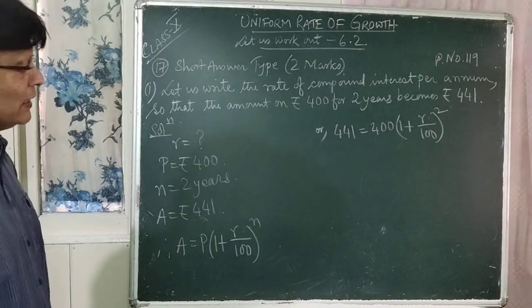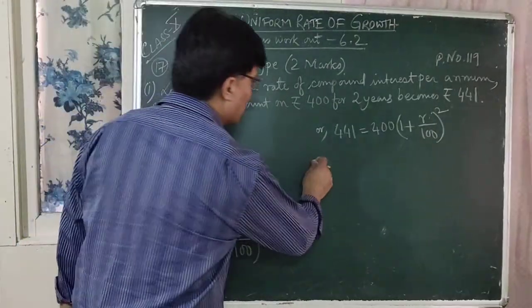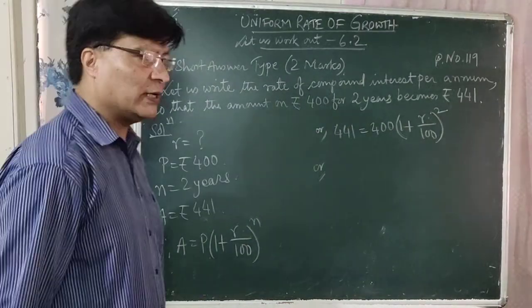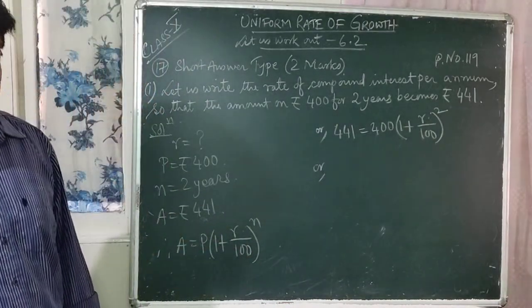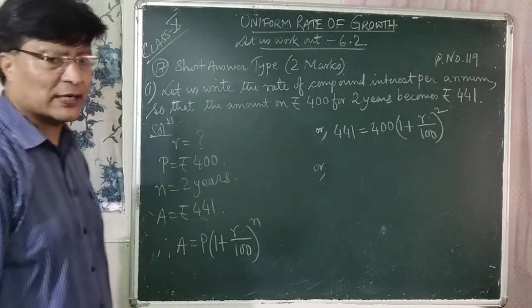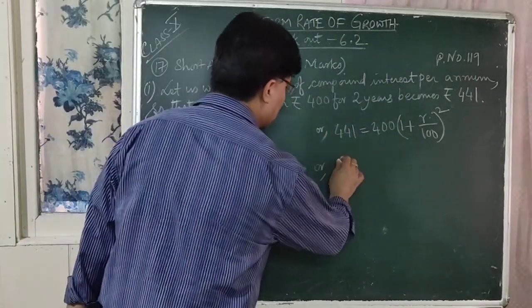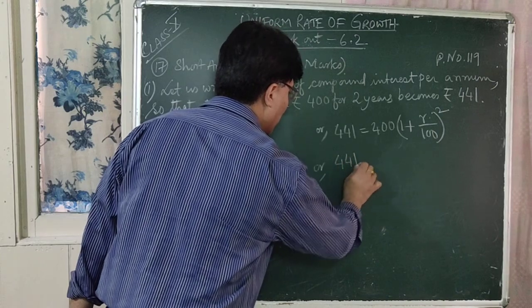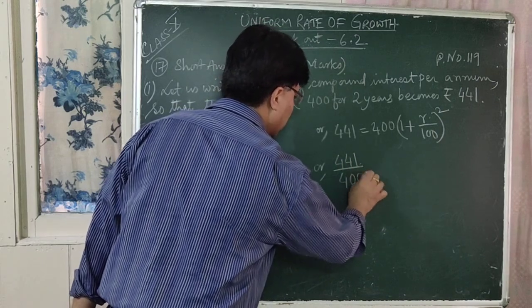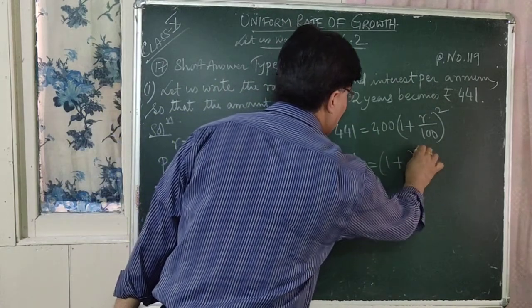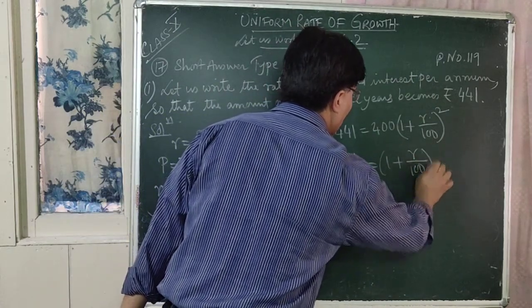Now you should get the value for R. So you can take that 400 and bring it to the left hand side, so it goes to the denominator. 441 divided by 400 is equal to 1 plus R upon 100 whole square.